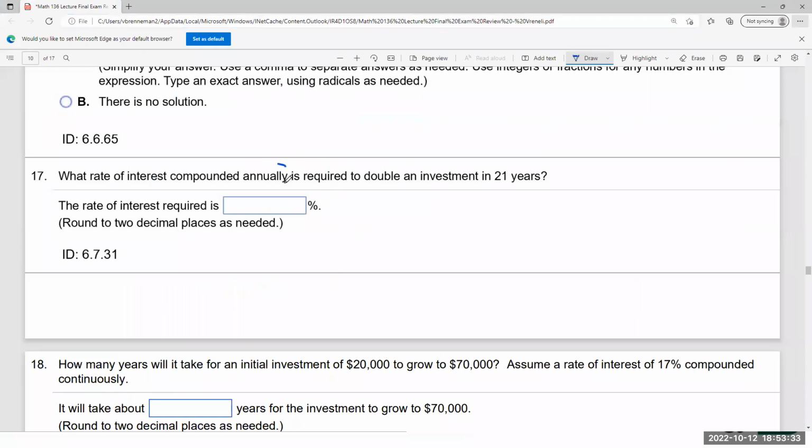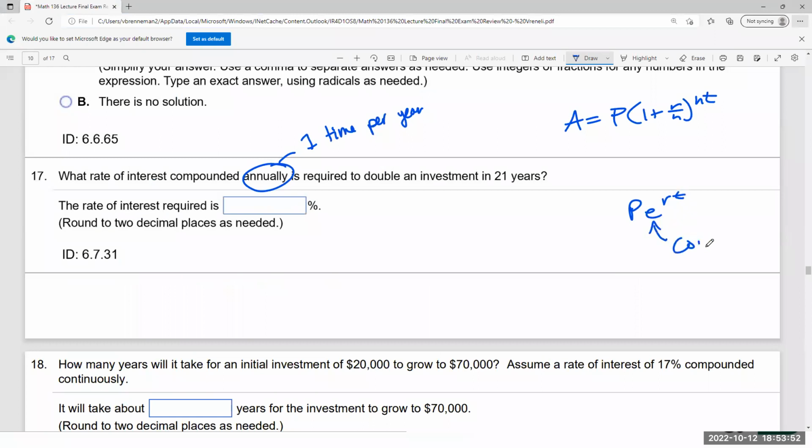Compounded annually means one time per year. So the other thing, when you have that equation, P times (1 plus r over n) to the nt, versus Pe to the rt. When you see the e, the e goes in continuous, and that's even labeled on the formula sheet. So if you see continuous, you need to do that one.